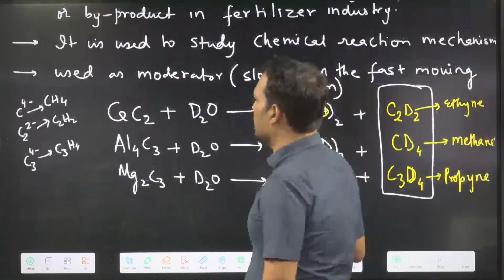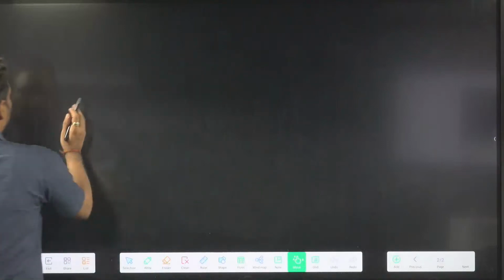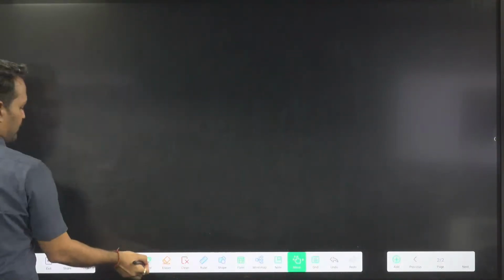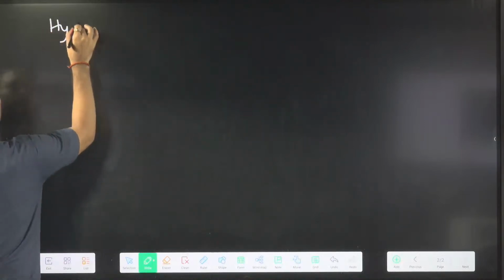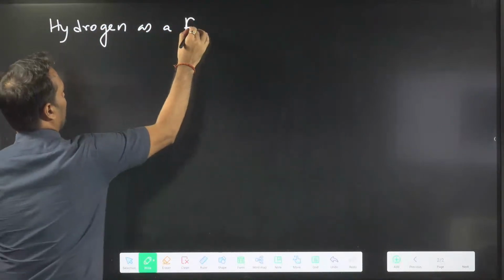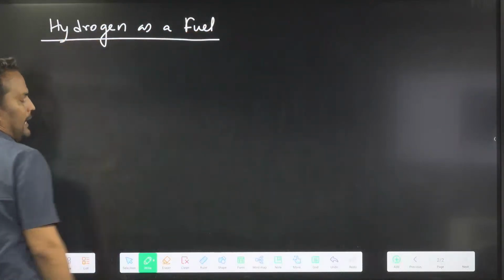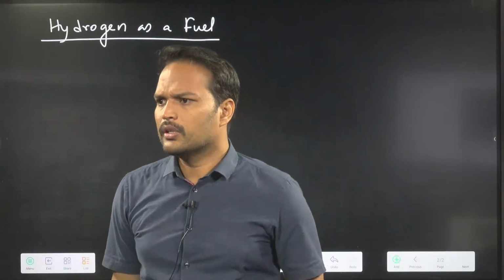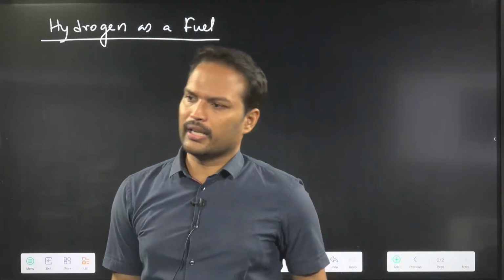So this is all about heavy water. Now we are coming to the next part, that is hydrogen as a fuel. Now here 2-3 things are there. Hydrogen as a fuel, they are saying very good: less pollution, used in rockets also.